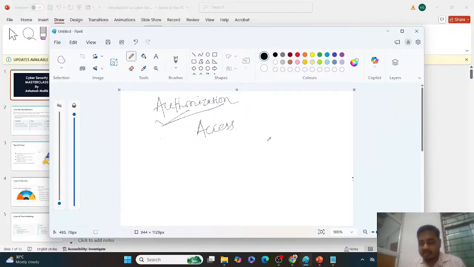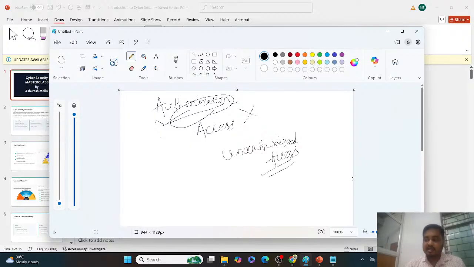If that person doesn't get the authorization, but forcefully tries to get the access, that is called unauthorized access. Authorized access and unauthorized access. Okay, all of you understood this point?